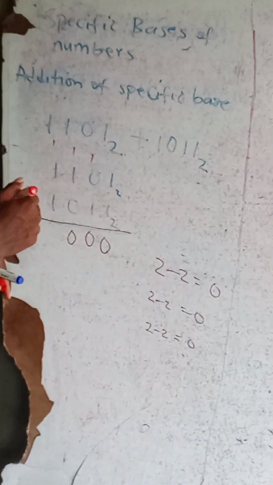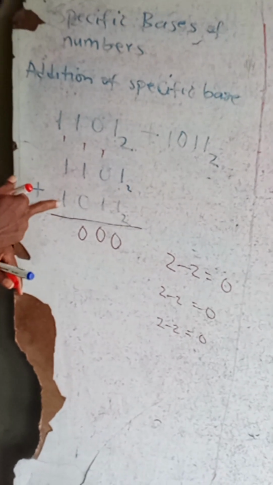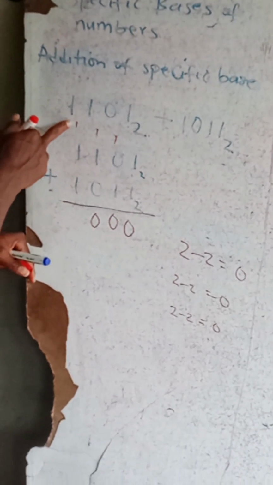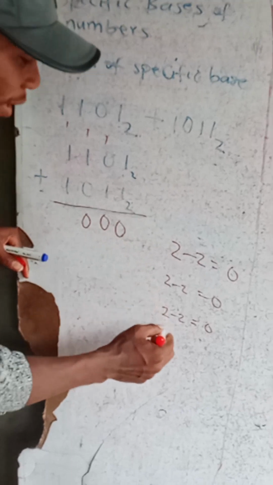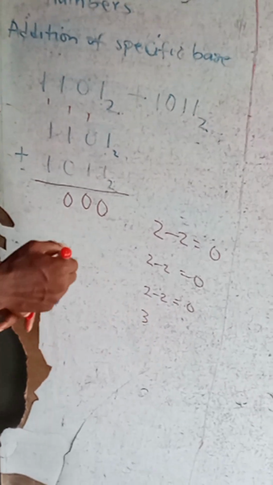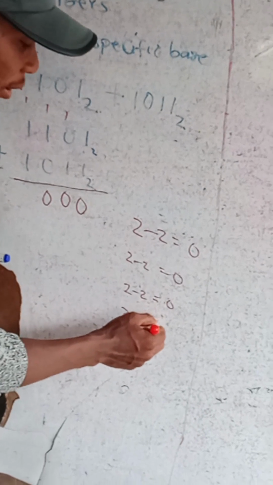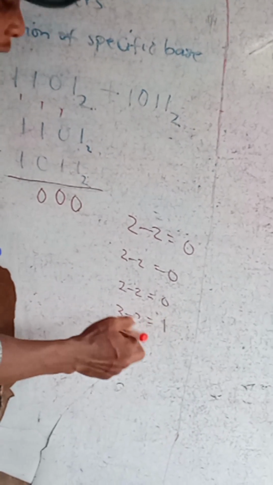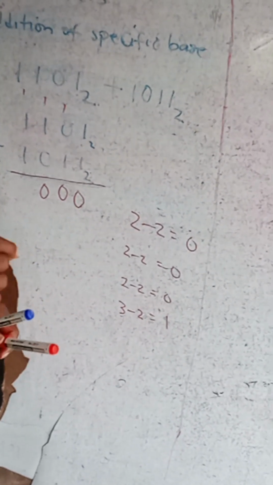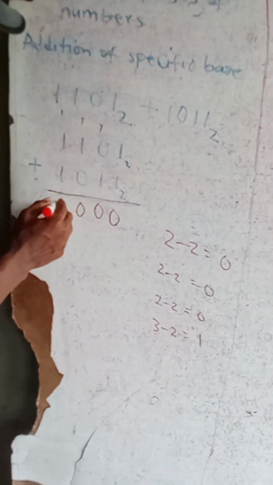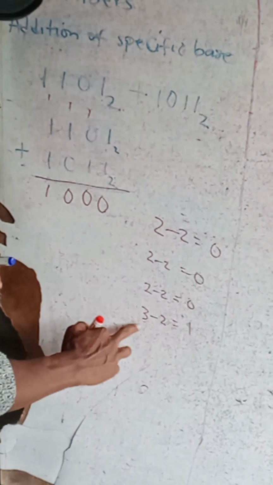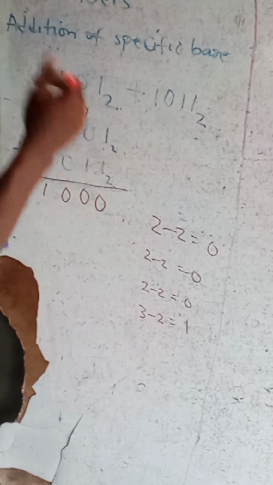Raise 1. This 1 plus this 1 is 2, plus this other one you raised is 3. Now you have 3, which is more than the base, 2. So 3 minus 2 is equal to 1, and 1 is less than the base 2, so you can write 1. Because you subtracted once, you raise 1.